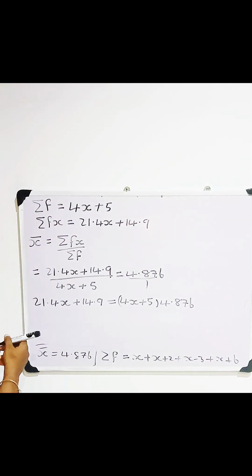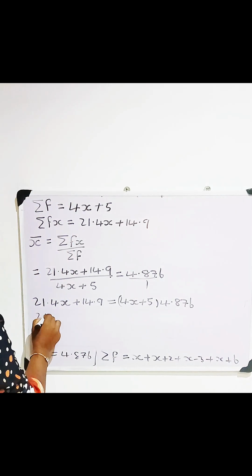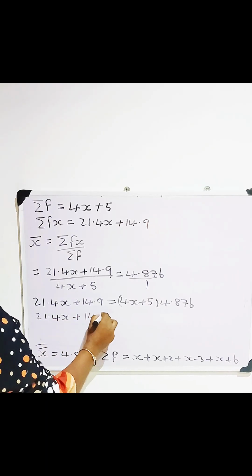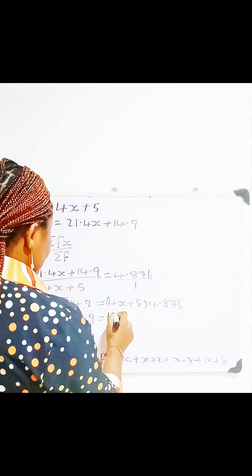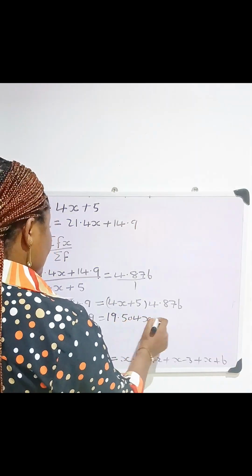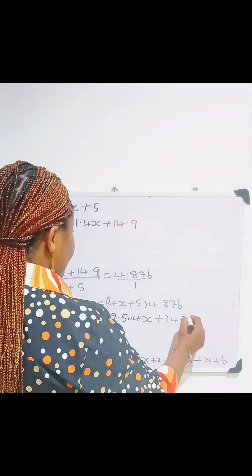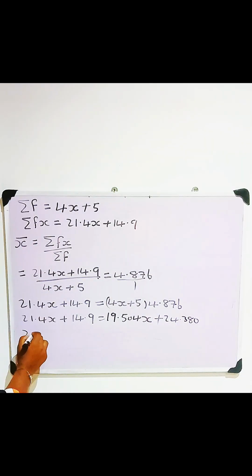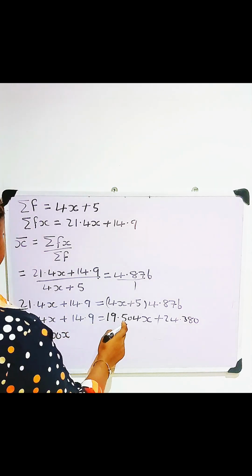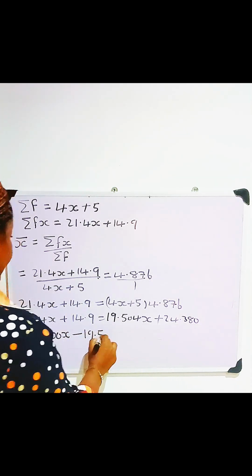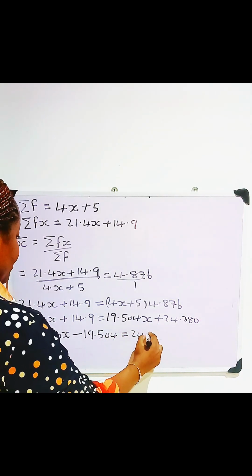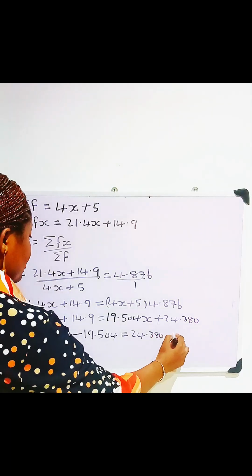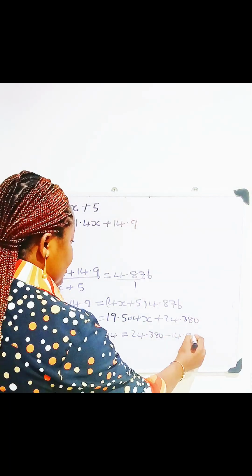So when we expand, we have 21.4x plus 14.9 equal to this times this. Feel free to use your calculators. When we multiply, we have 19.504x plus 24.380. Now we take like terms: 21.4x minus 19.504x is equal to 24.380 minus 14.9.